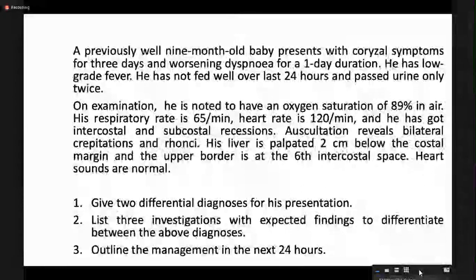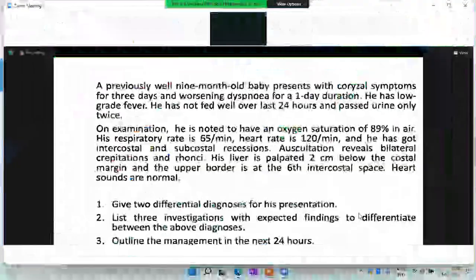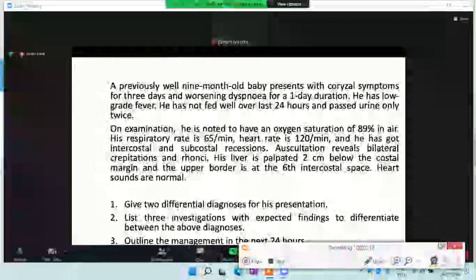The saturation is low in air, 89, and the respiratory rate is quite high. Heart rate is normal for this age, 9 months. On inspection, the child has intercostal and subcostal recession. And the liver is pushed down, madam. So these are the keywords in the history.